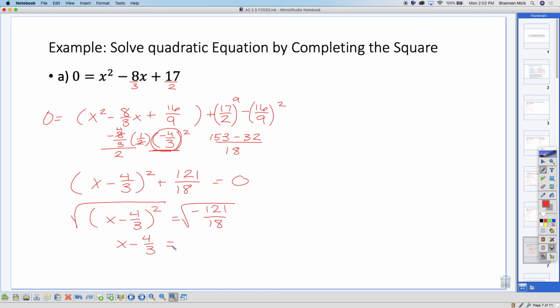Now, what's the square root of 121? 11. And 18 is 9 times 2. So I'm going to have plus or minus 11 over 3 square root of 2.